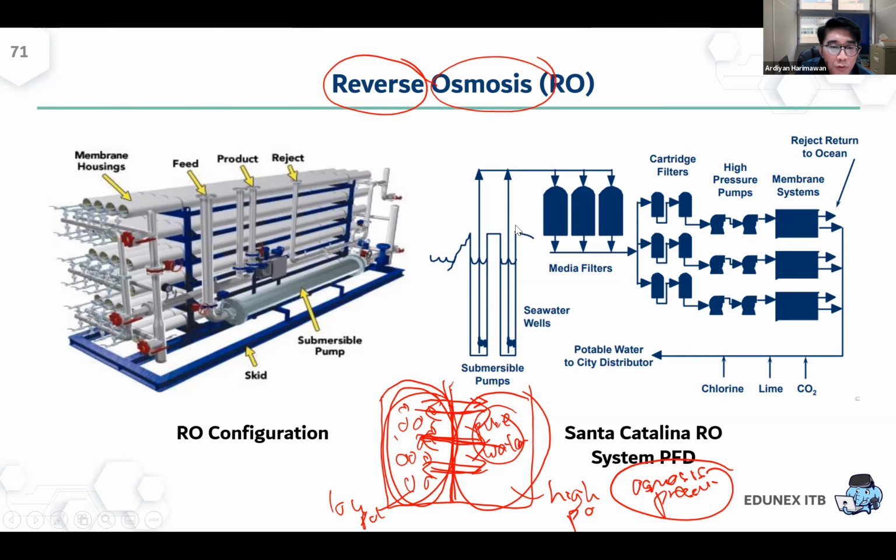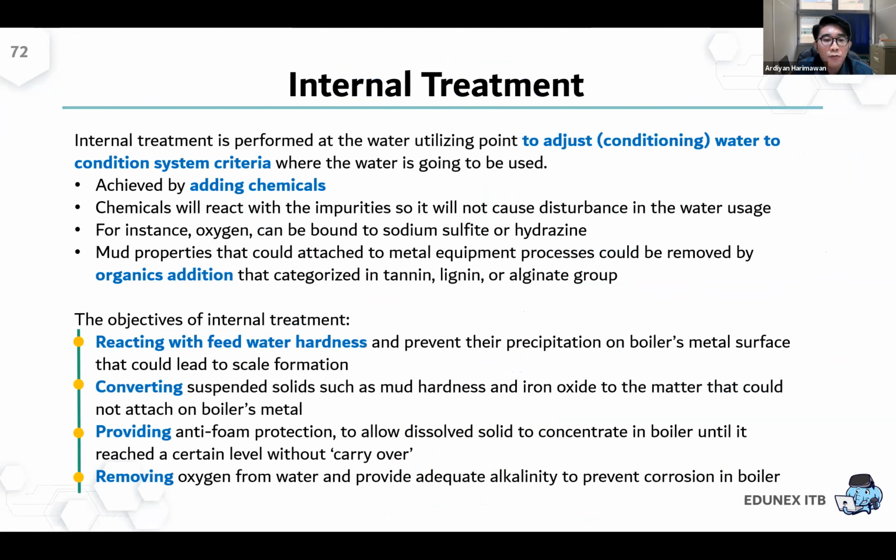Okay, now we go to the second type of treatment. We call it internal treatment, because in internal treatment, the water treatment will be used depending on the purpose. It's more specific.